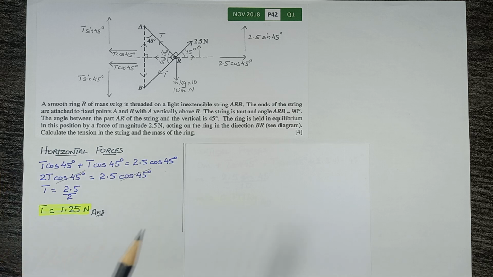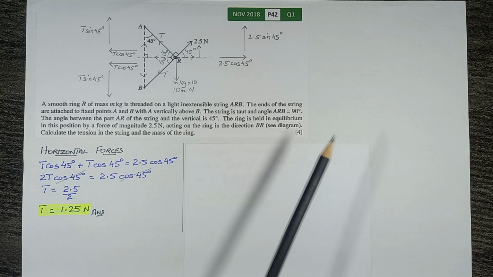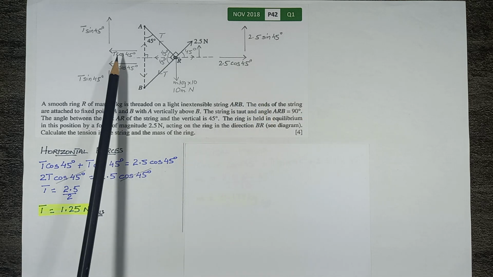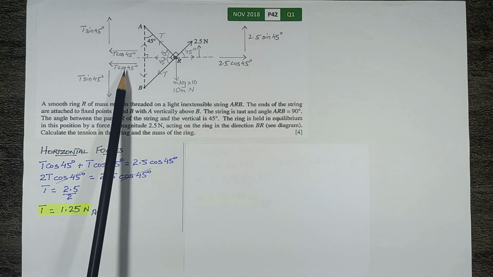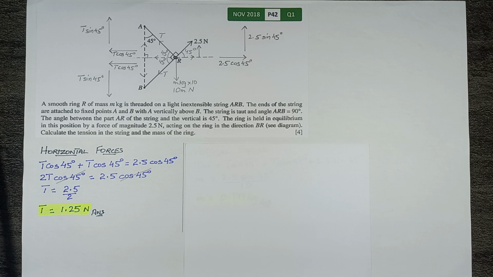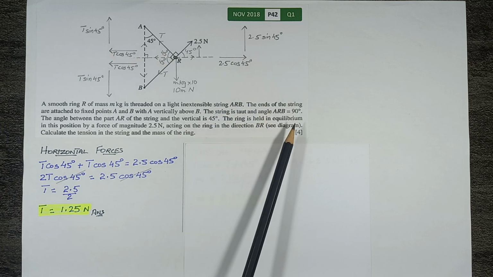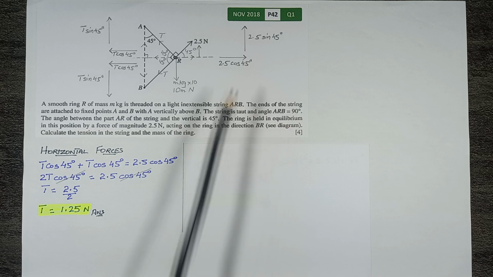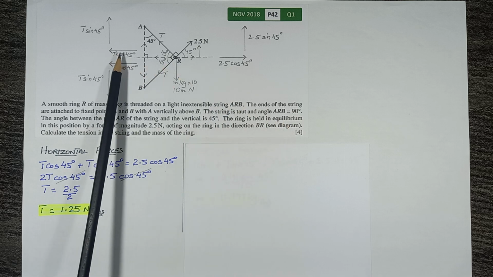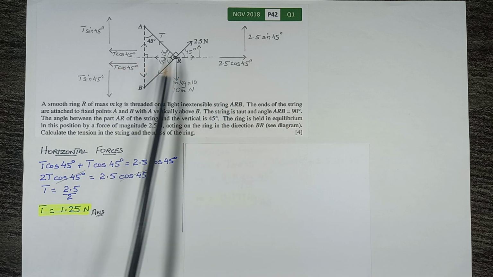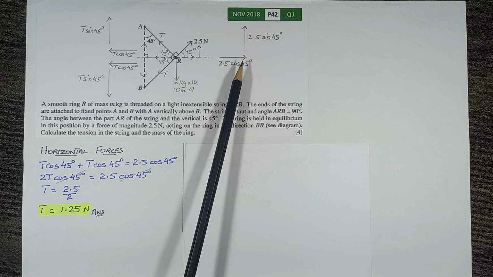So based on the equilibrium condition, we have to work out with the horizontal forces as well as the vertical forces. If we look at the diagram, we have horizontal forces as T cos 45 and T cos 45 to the left and 2.5 cos 45 to the right. Because of equilibrium, the opposite sides are equal, so the sum of these two would be equal to 2.5 cos 45.